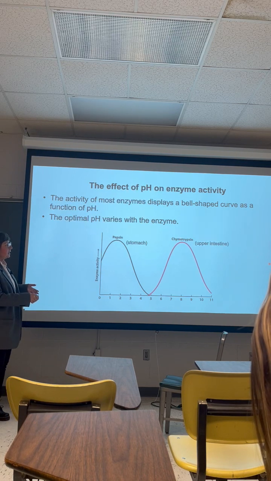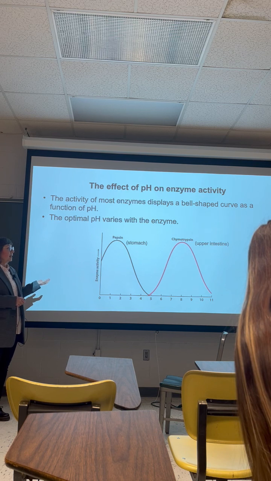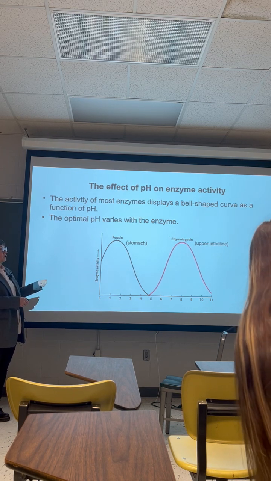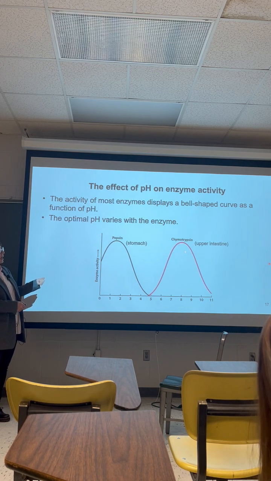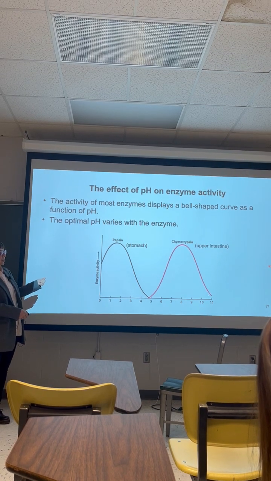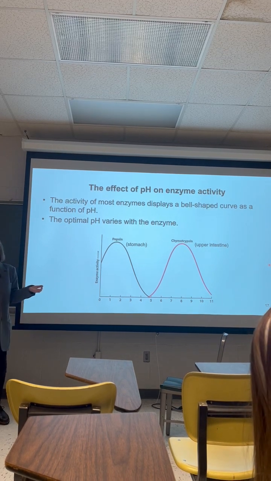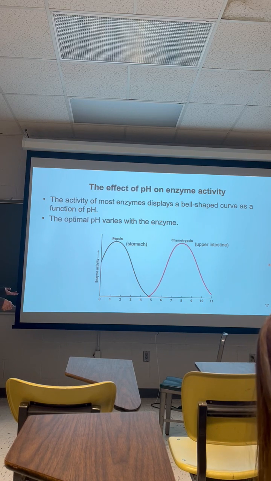In the upper intestine, where pH is roughly neutral, chymotrypsin is the enzyme doing most of the job. And look, its activity is high, around 7 or even 8. If you increase or decrease pH, enzyme activity will go down dramatically, again because those pH values will denature the protein.